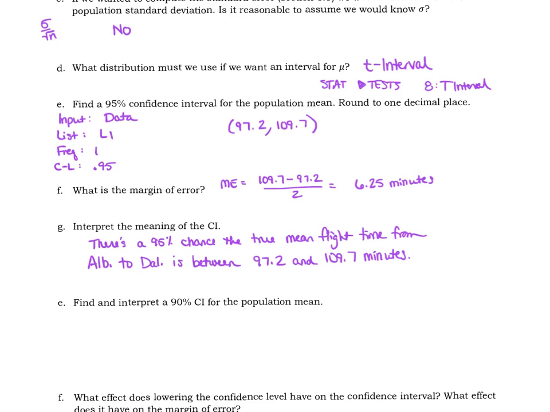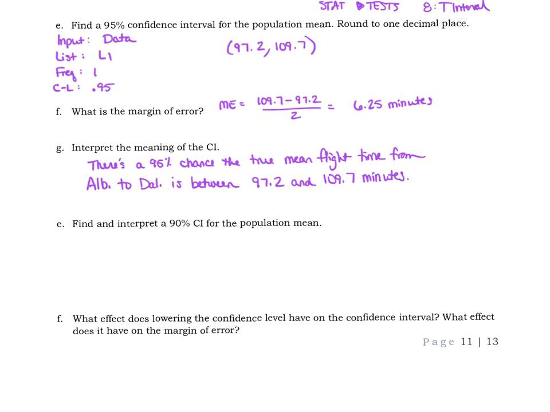Less confident means the target is getting smaller, or the interval is getting smaller. So we're expecting that interval to shrink, not to get bigger. And indeed, when I find my confidence interval, it does shrink to 98.4 on the low end and 108.5 on the upper end.